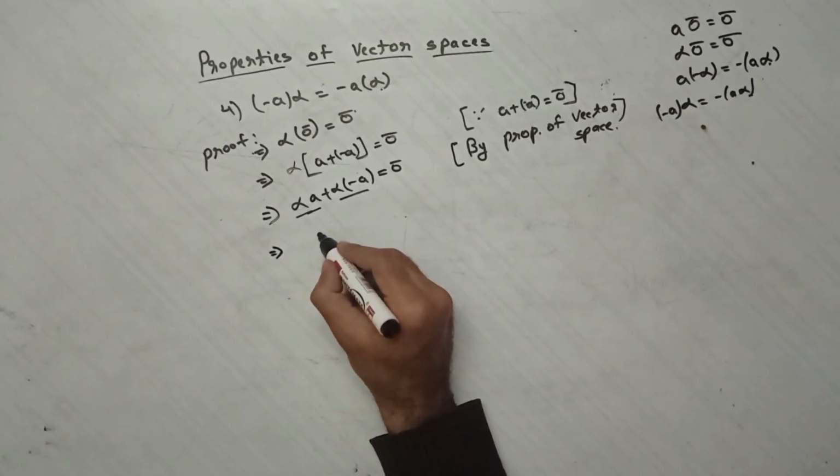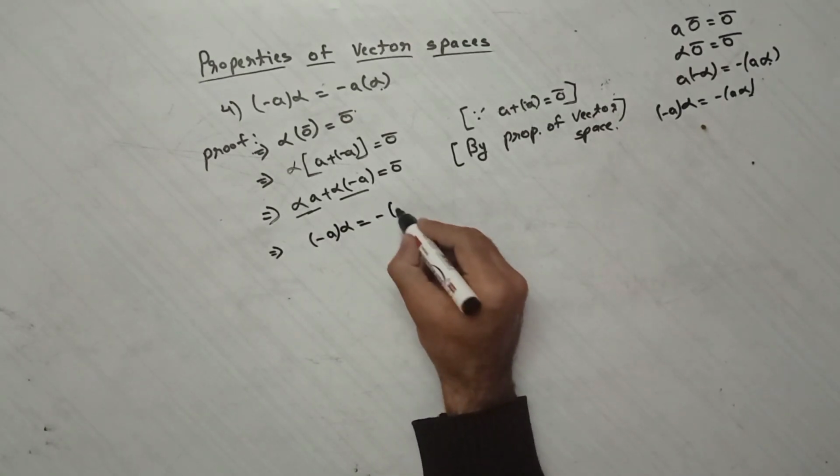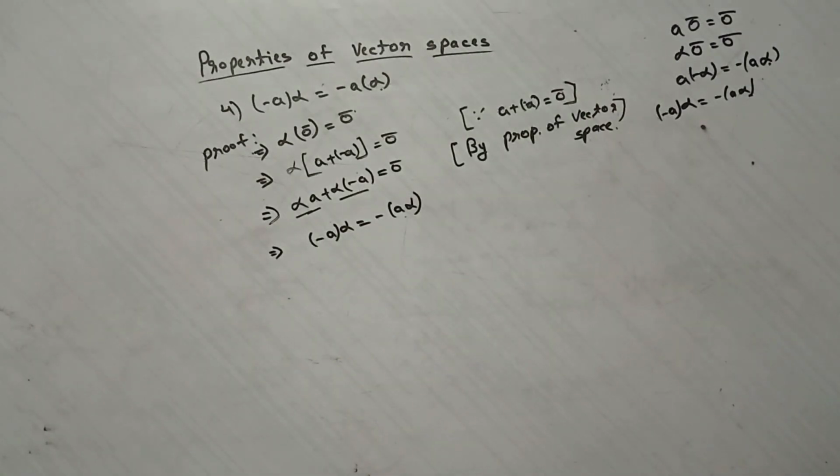So we can write minus a of alpha equals minus of a alpha. That's all. We have proved these 4, and the next 4 will be proved in the next session.